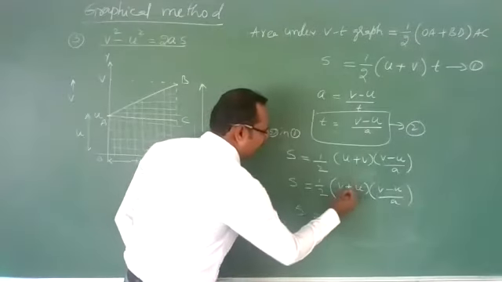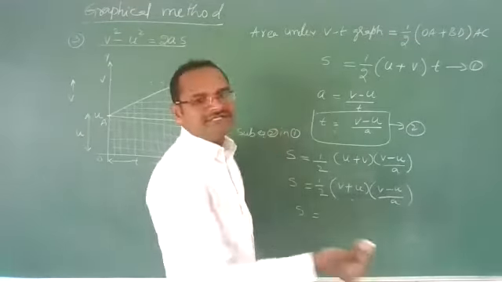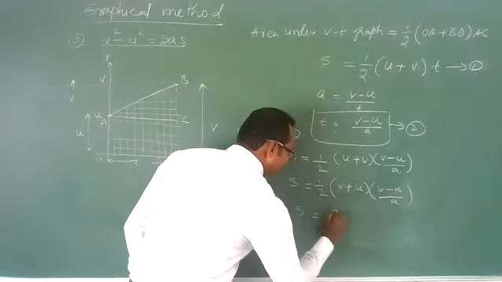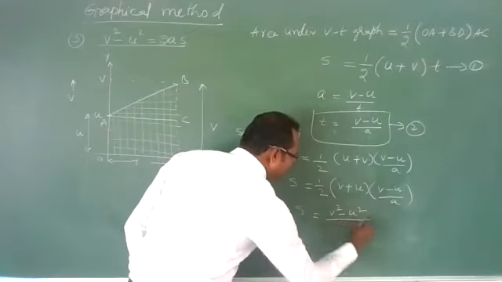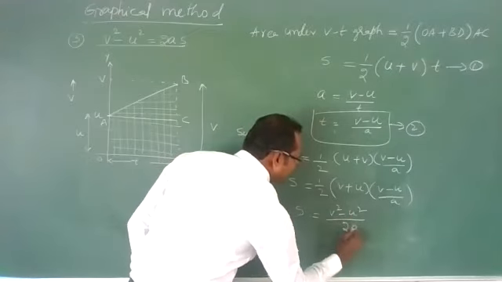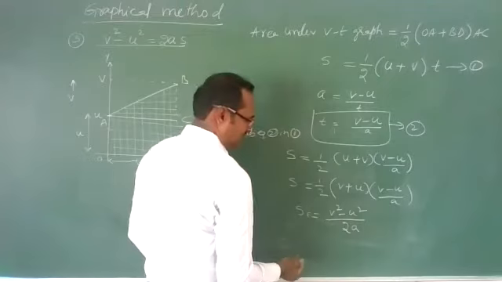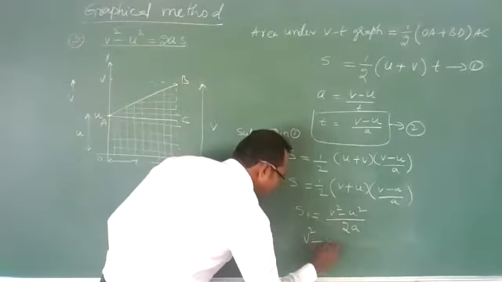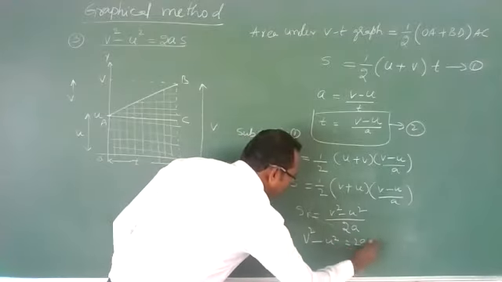It becomes V plus U into V minus U, A plus B into A minus B, V square minus U square upon 2 times A. Cross multiply it, you get V square minus U square is equal to 2AS.